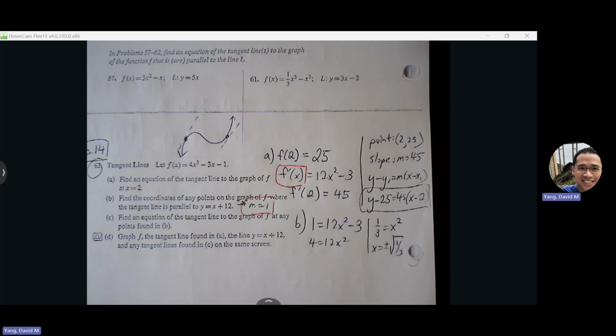Okay, so it's messy because we'll have to plug in plus or minus root 1/3 into the function to get this y value, and it's not pretty, but we know these are now the 2 ordered pairs here. There's the x and y value here, and then the slope is 1. So we have our 2 tangent lines built there.